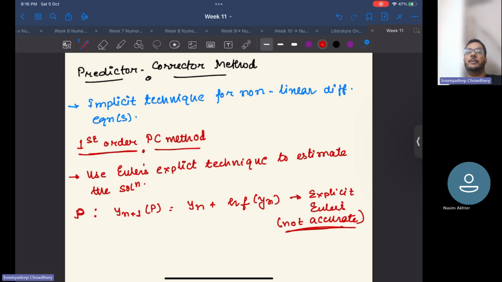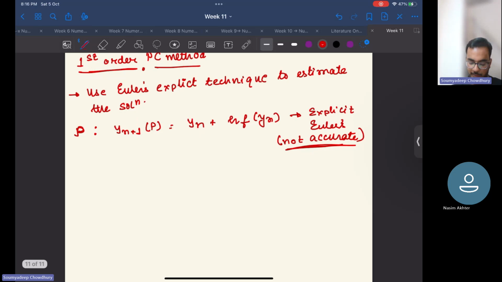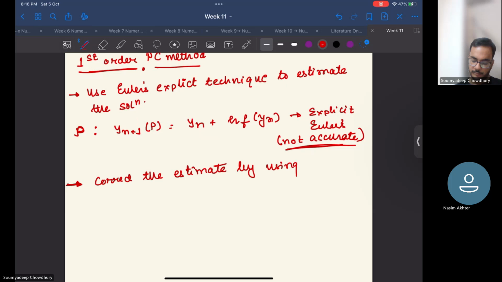So what we used to do in the previous techniques, in Euler's technique, this was our final answer of y n plus 1. But here what we do is, next step we will be correcting this solution. How will we be correcting this solution? We correct the estimate by using an implicit technique.